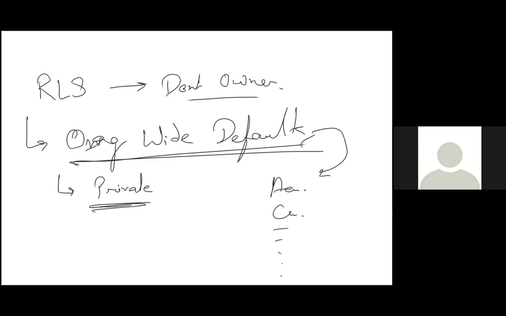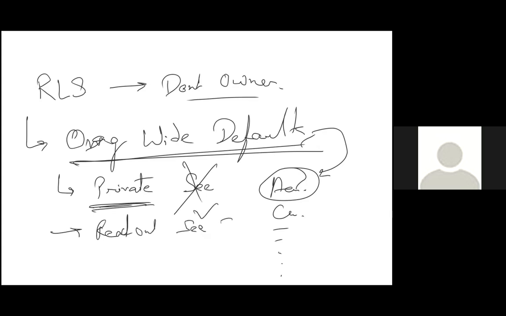If I set the org wide default to private, then on that object, non-owner cannot see anything. That record is not possible to be seen. If I set to read only, then owner can see, a non-owner can see, but cannot edit.